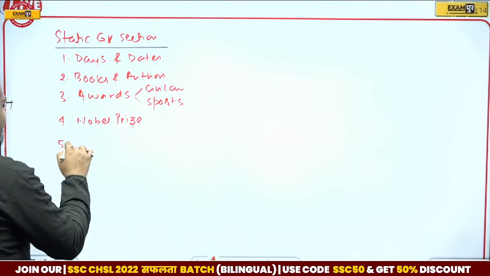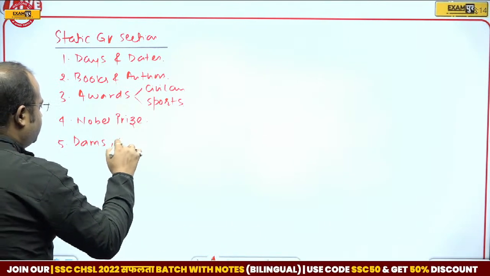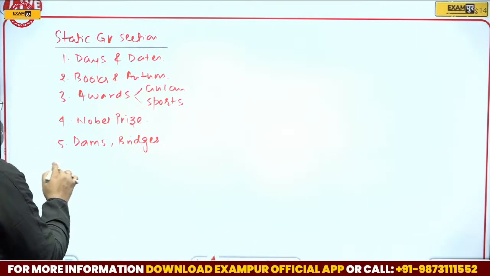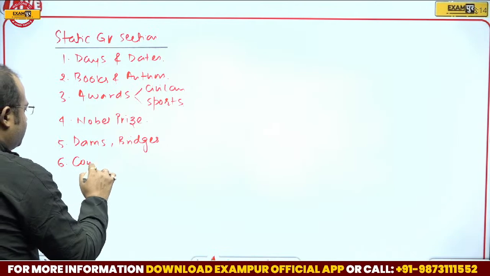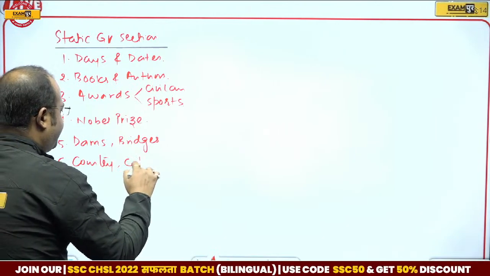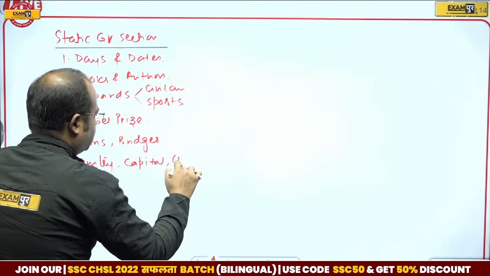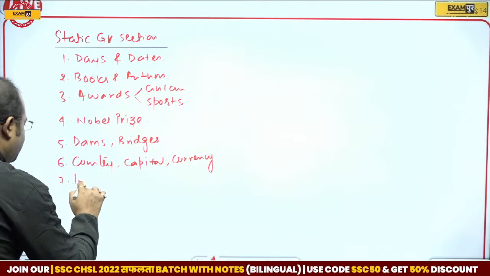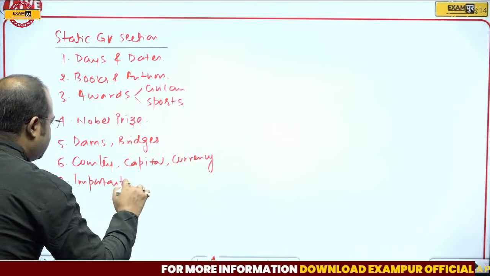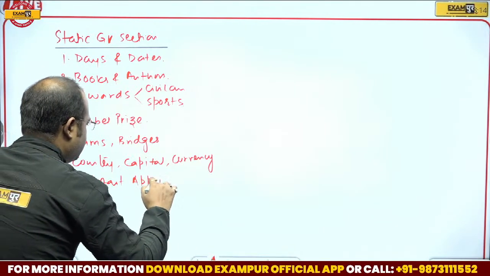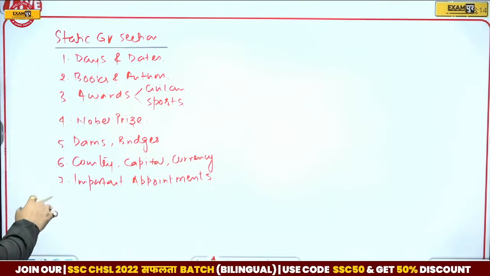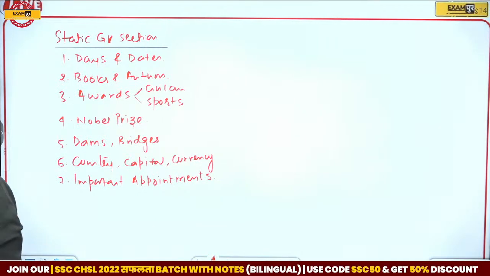Other than this, dams, bridges, then country, capital, currency, and important appointments. So these are the sections of static GK from where they can ask questions.